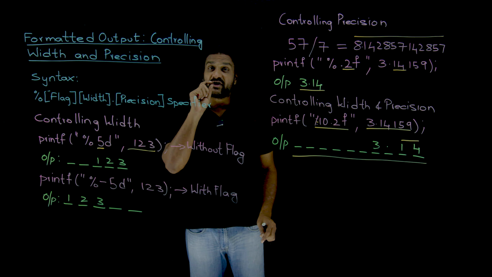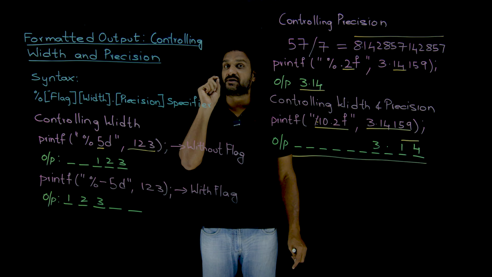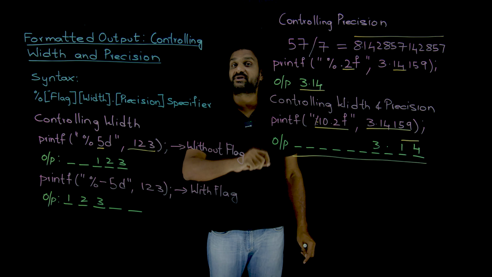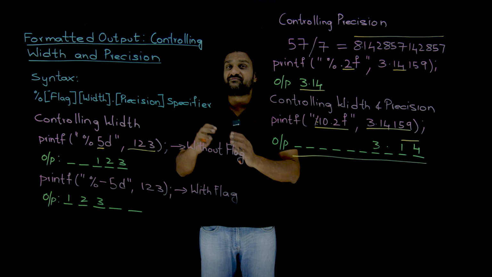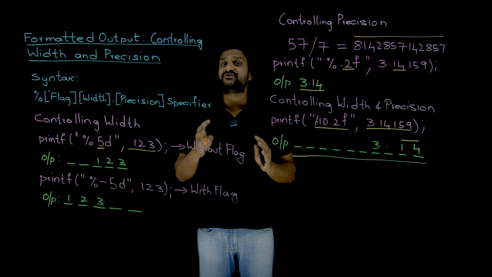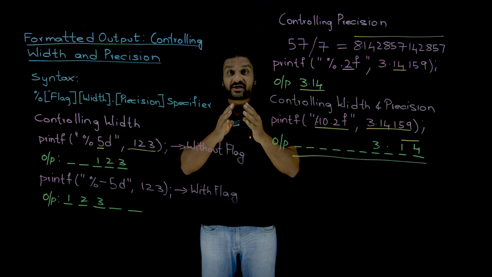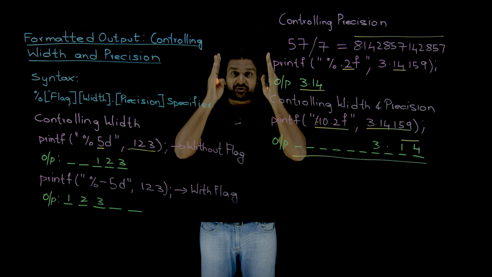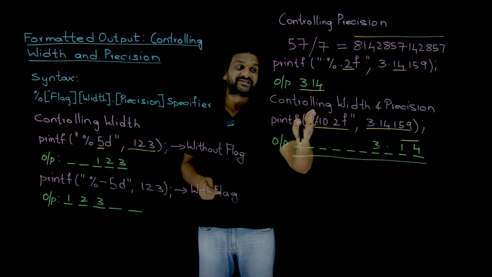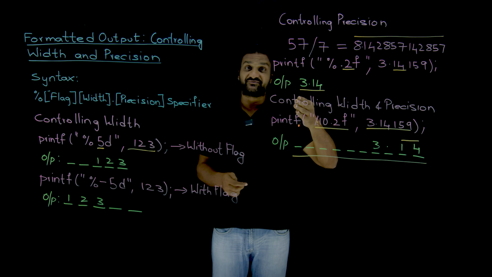So this is another very beautiful feature that the C programming language provides, and we use these features whenever we want to display big tables. In order for the table to be beautifully displayed, we use these width and precision controls along with the concept of escape sequences, which we learned in our previous class.